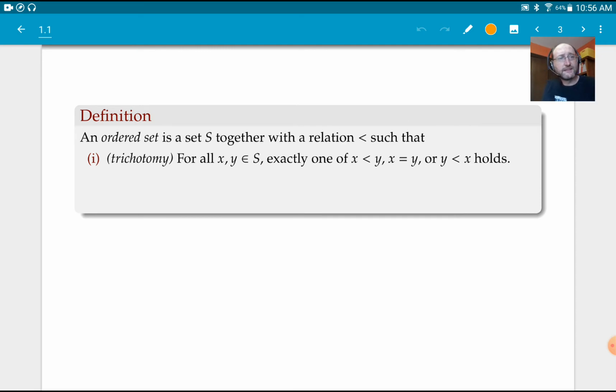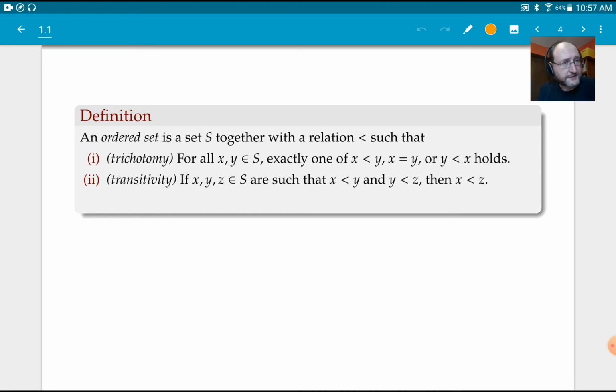That says that if I have two distinct elements, x and y, then x is less than y or y is less than x. One of the two has to be true. It's called trichotomy because either x is less than y, x is equal to y, or y is less than x. One of the three things has to be true.